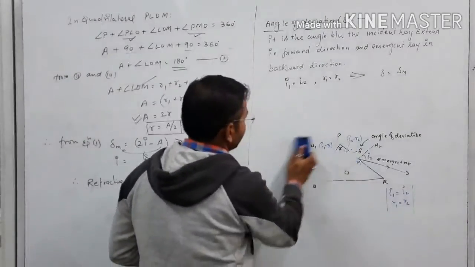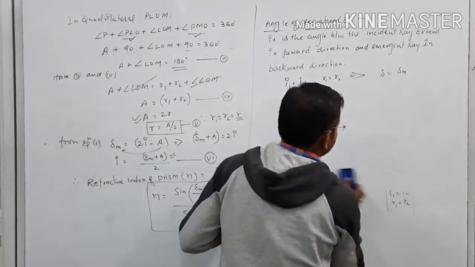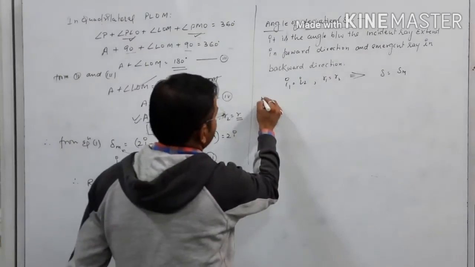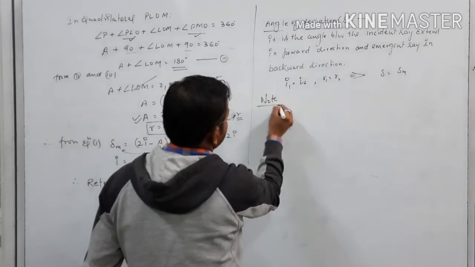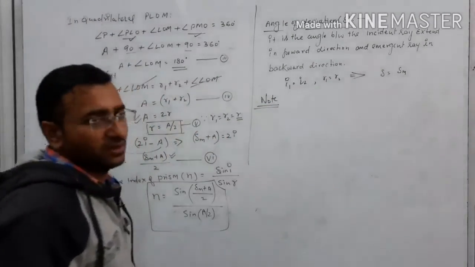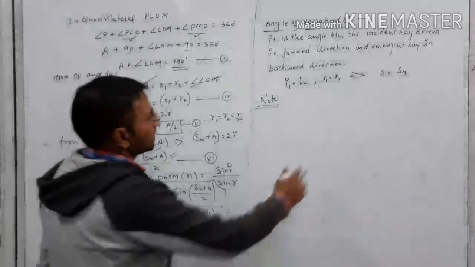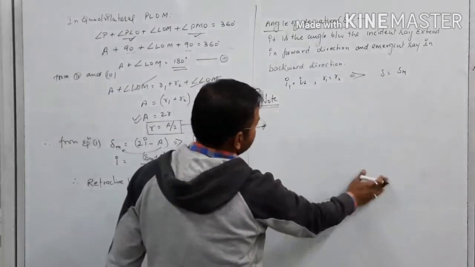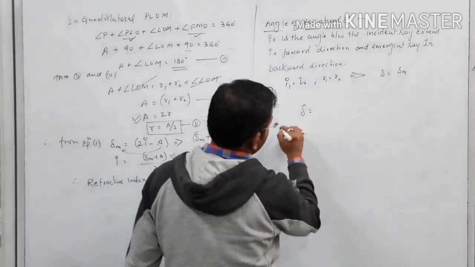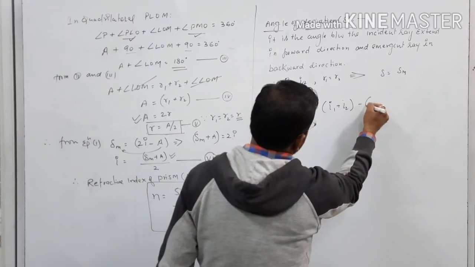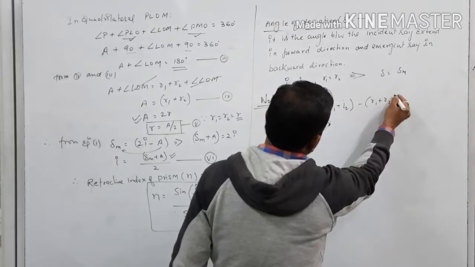See here, it is a relation between the angle of deviation and refractive index. As we know from the first equation, del is equal to I1 plus I2 minus R1 plus R2.